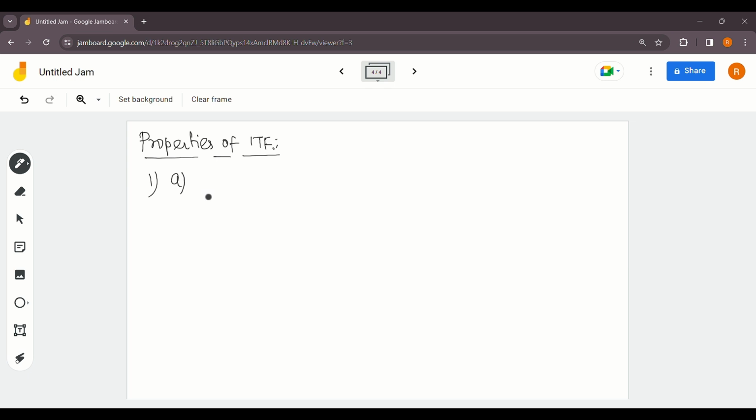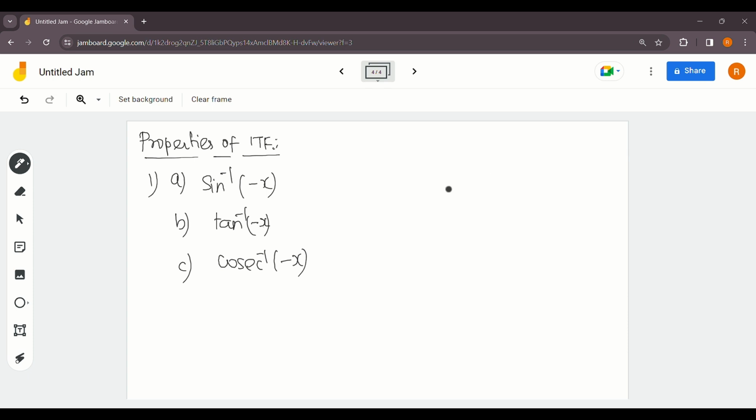So property 1a: sine inverse of minus x, tan inverse of minus x, and cosec inverse of minus x. I'll write this a little more clearly.